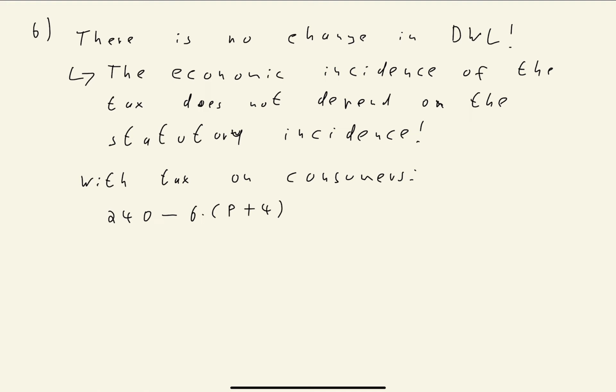For each unit that the consumers are buying, they have to pay $4 to the government. That's the reason why we have a change in the demand function here. There is no change with respect to the supply function, so it's minus 4t plus 2 times P. And if we solve this, we get an equilibrium price equal to 32.